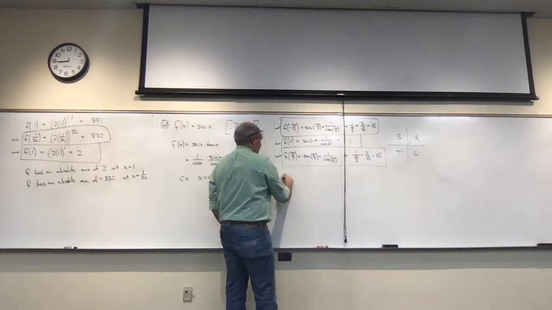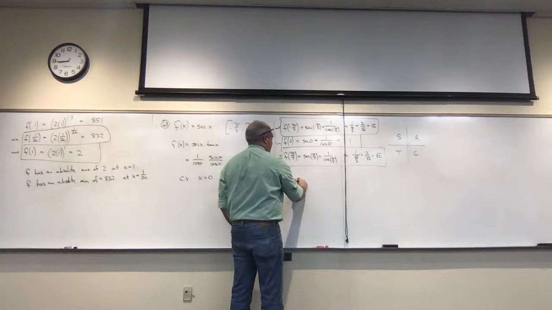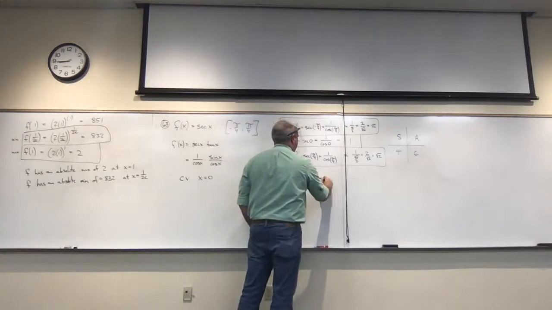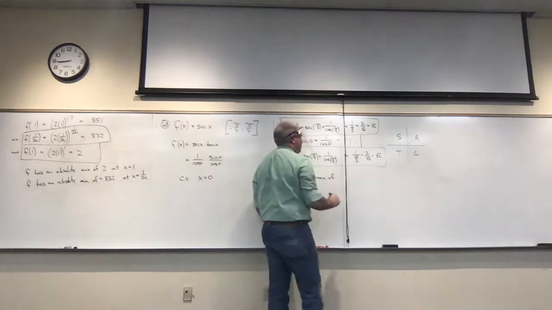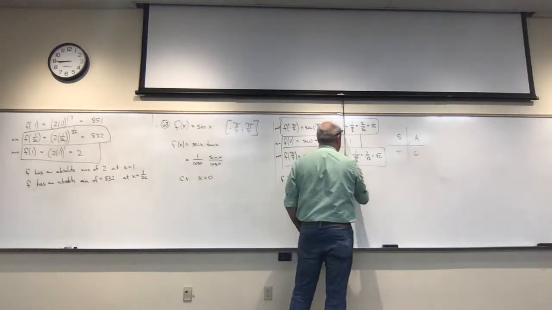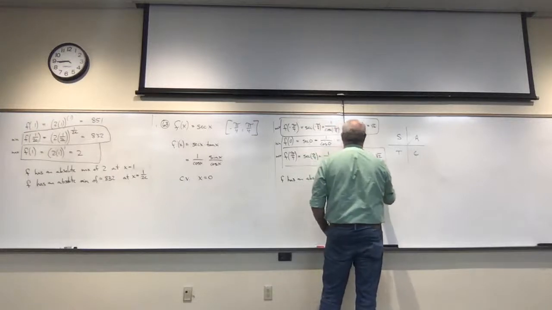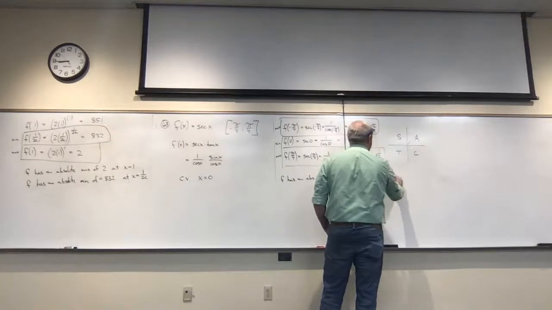So f has an absolute maximum of square root 2 at x is equal to negative pi over 4 and at x is equal to pi over 4.